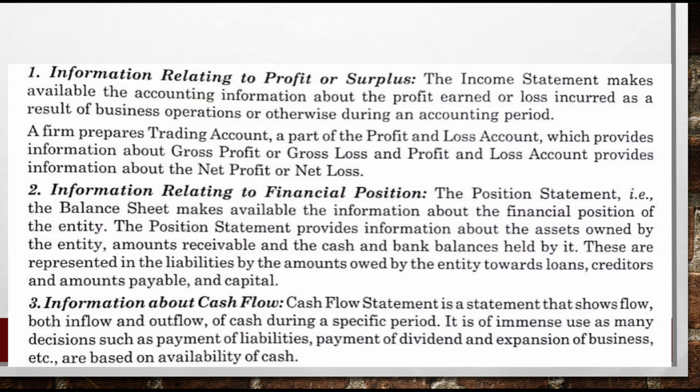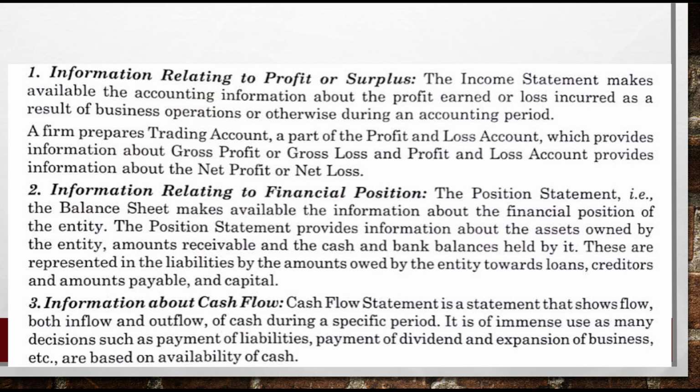With the help of the first part, the trading account, we can analyze the gross profit or gross loss incurred during this year. Gross means total, comparing only direct income and direct expenses.